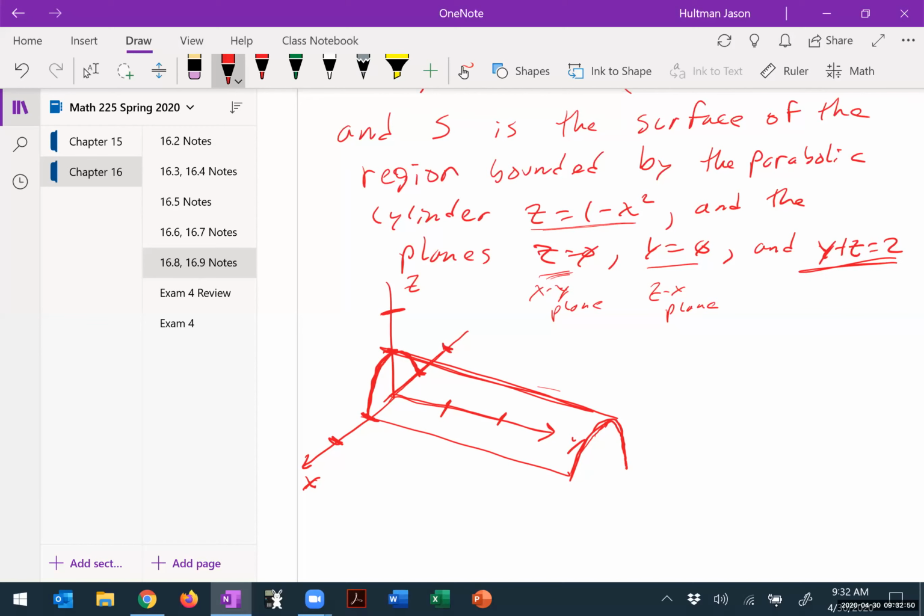Well, what does that plane look like? If I let x and y be 0, I get 0, 0, 2. Well, where is 0, 0, 2? It's right here.